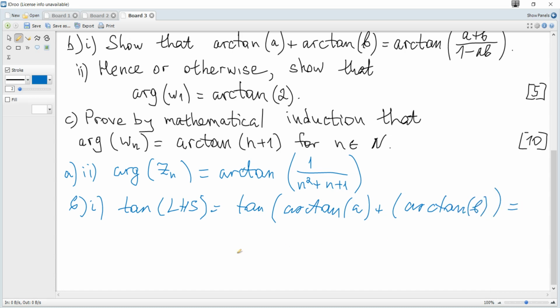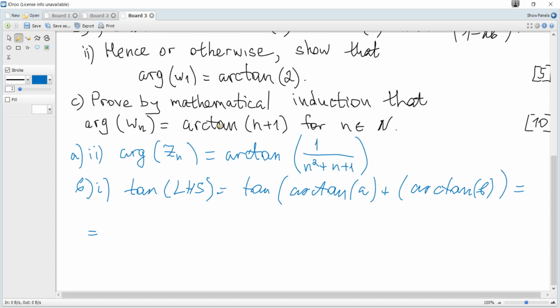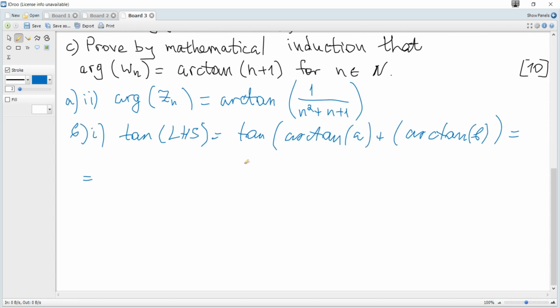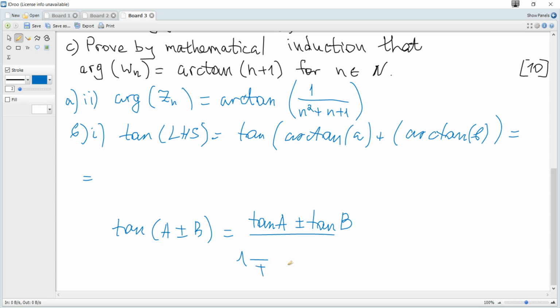It is given in the data booklet that tangent of A plus minus B is tangent A plus minus tangent B, over 1 minus plus tangent A multiplied by tangent B.